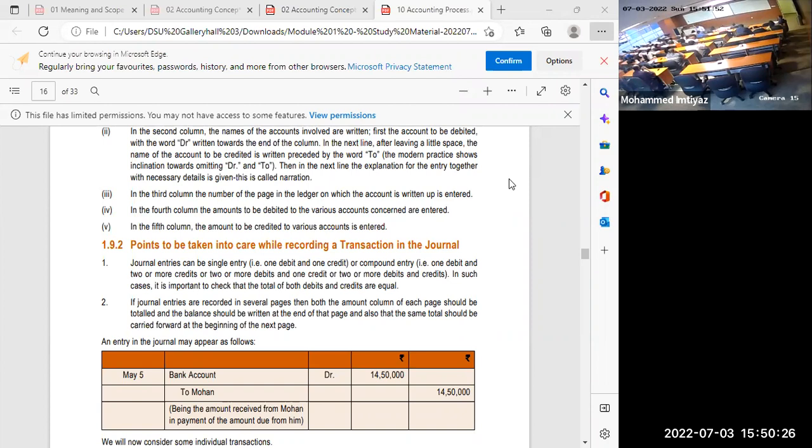Okay, one more time, go to the journal entry. 5 lakhs, correct. Then 2.5 lakhs, 2.5 lakhs. To A's capital 2.5 lakhs, to B's capital 2.5 lakhs. Being business started by A and B with cash.